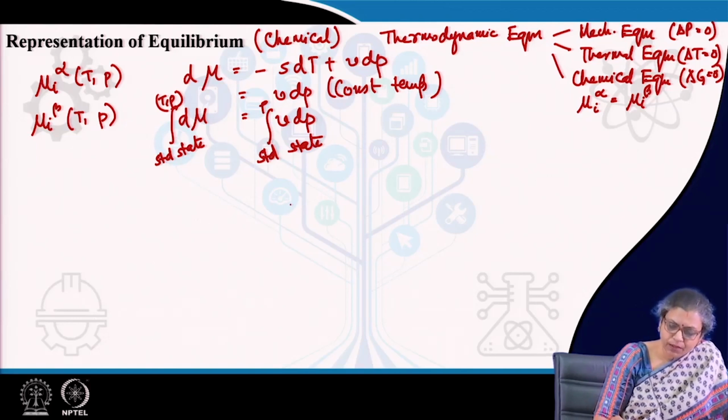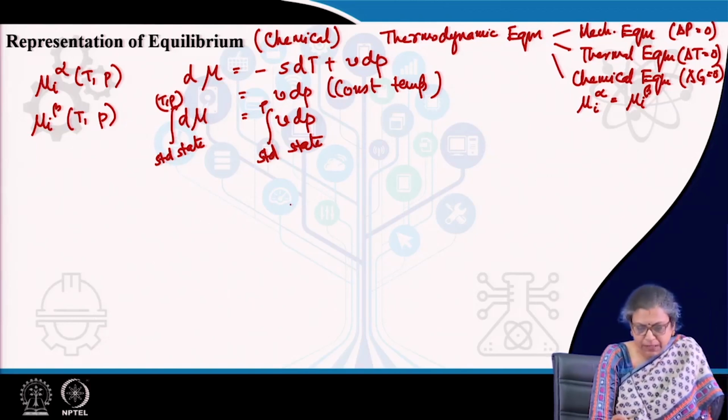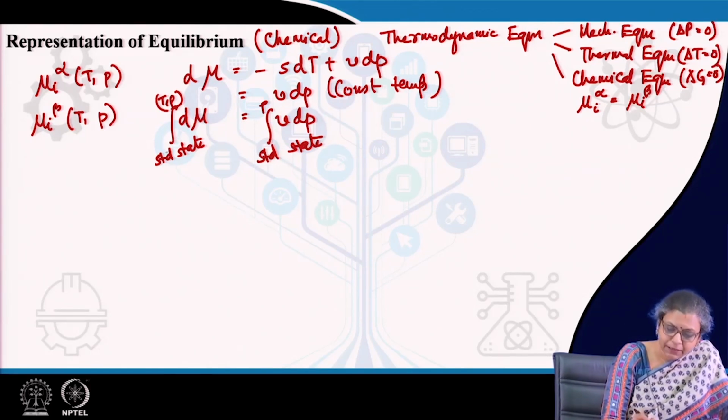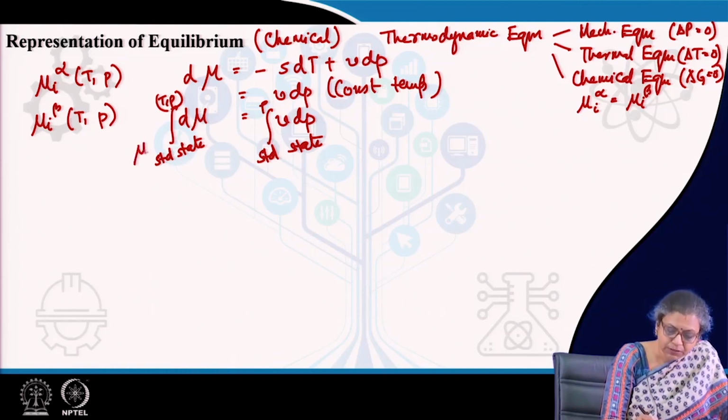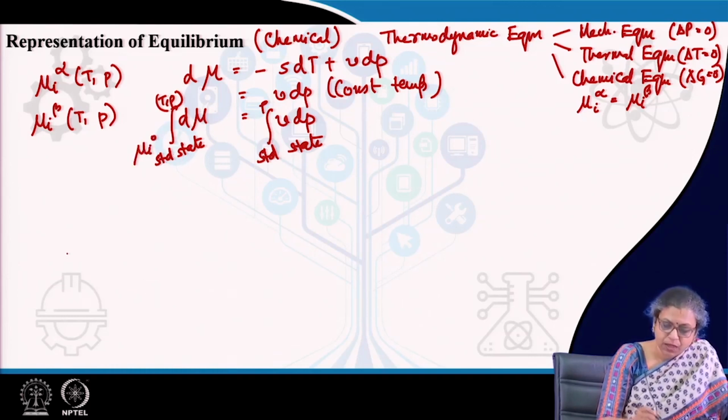Now, the point is that if we have to use this equation and find the mu of component I in the alpha phase or maybe component I in the beta phase, then we need to know mu at some particular standard state, isn't it? We need to know mu, suppose this is mu I 0 and this corresponds to mu.